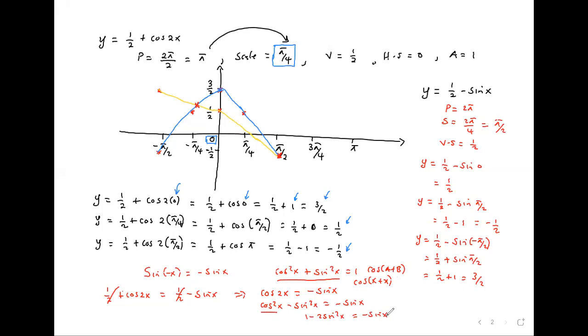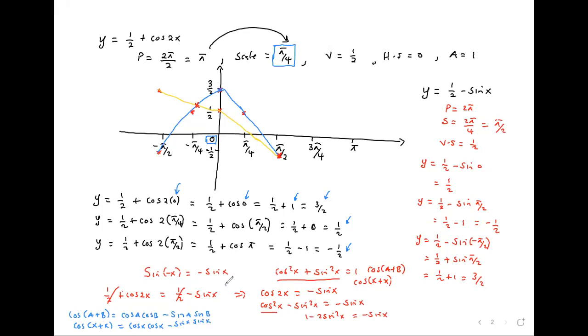How did it change to cos squared x and sin squared x? Since we said that cos A plus B is equal to cos A cos B minus sin A sin B, it must be true that cos x plus x should be equal to cos x cos x minus sin x sin x.